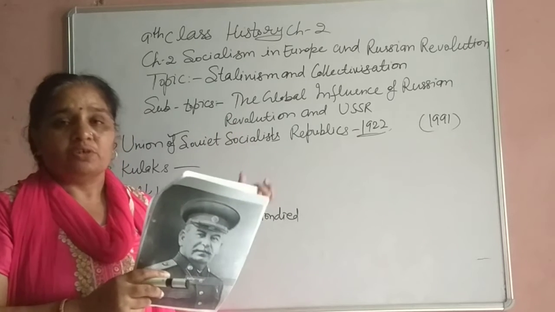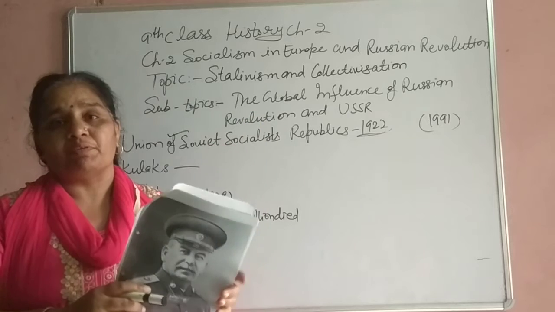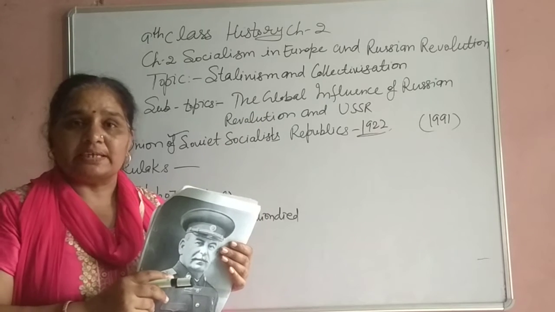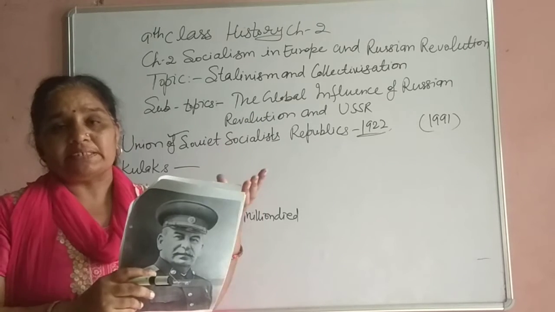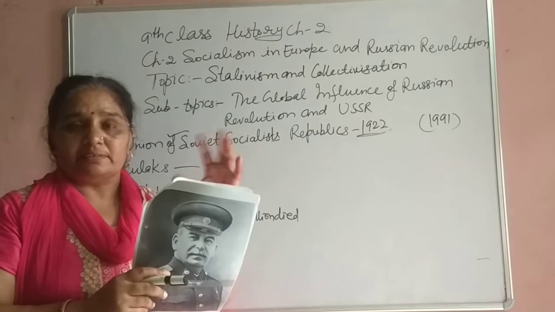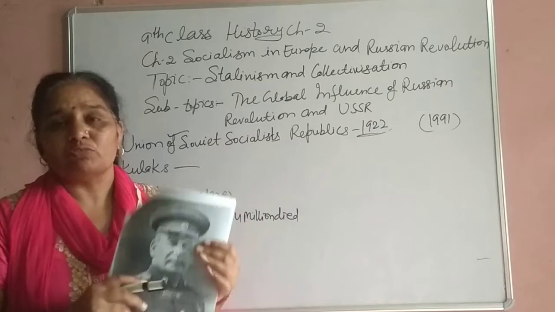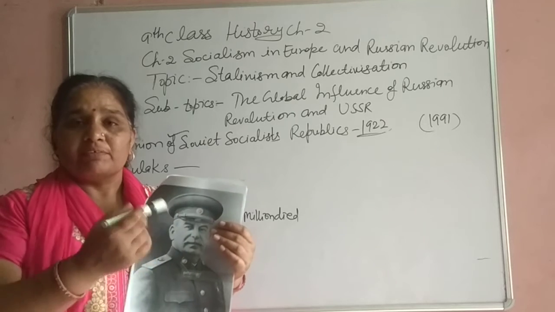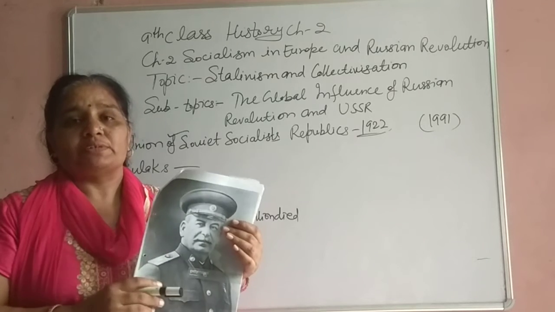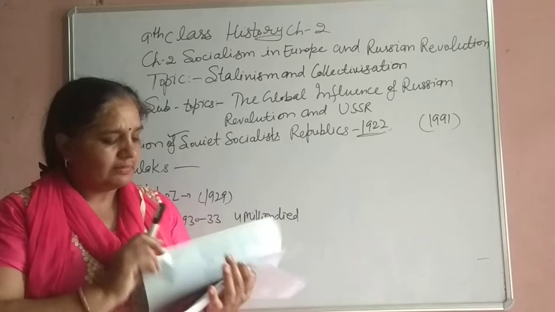Kulaks means small peasants who hired pieces of land from big landowners and did farming. Kulakos are the rich, famous leaders who owned big pieces of land. So what type of changes took place in the history of Russia when Stalin became the leader of the Bolshevik party? In the next topic we will discuss.